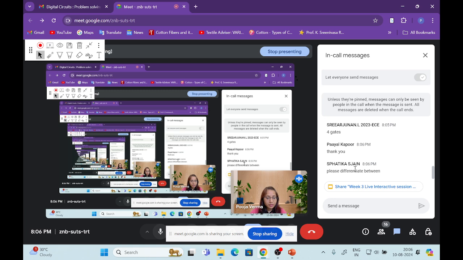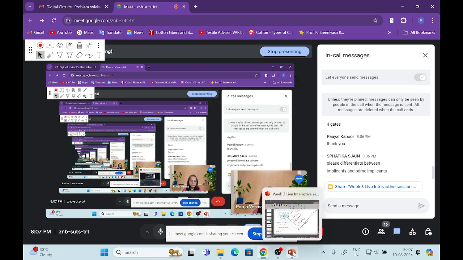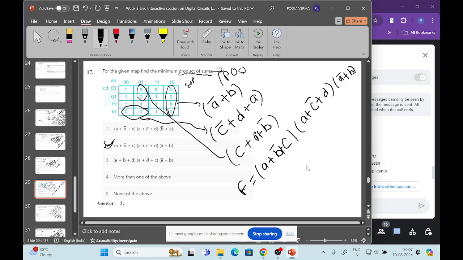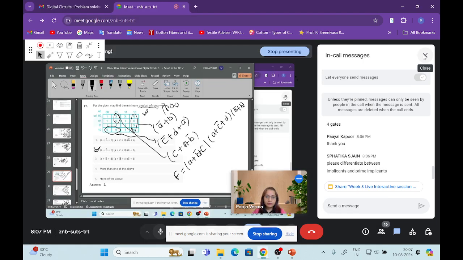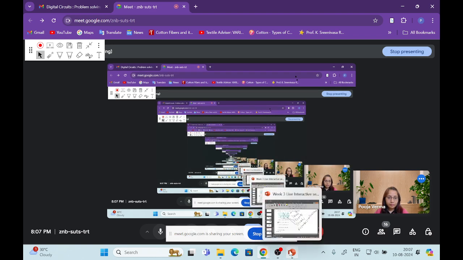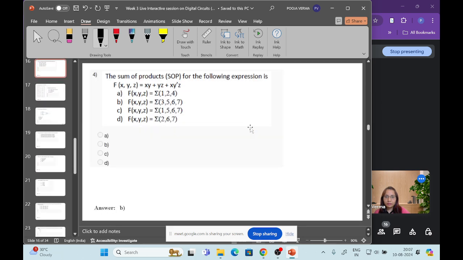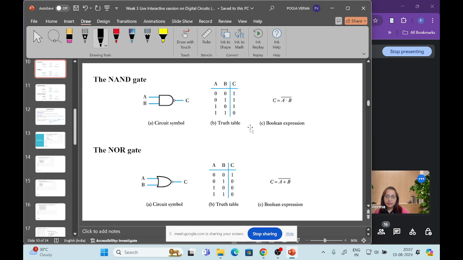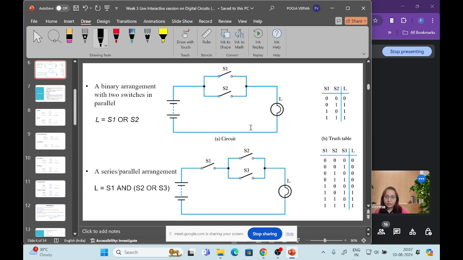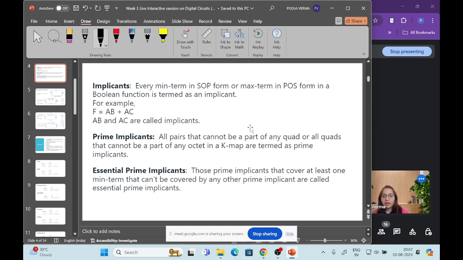Okay, yes, someone is asking about implicants and prime implicants. Actually, in this slide, just a minute. Are you able to see? Here it is wrong, but implicants are all those values.